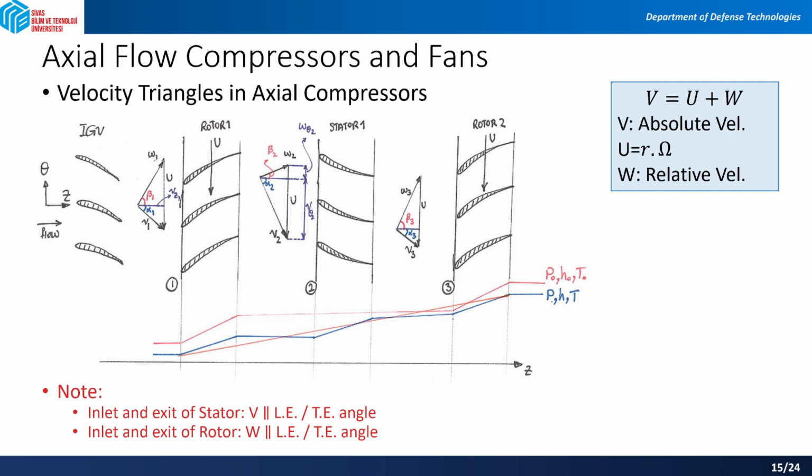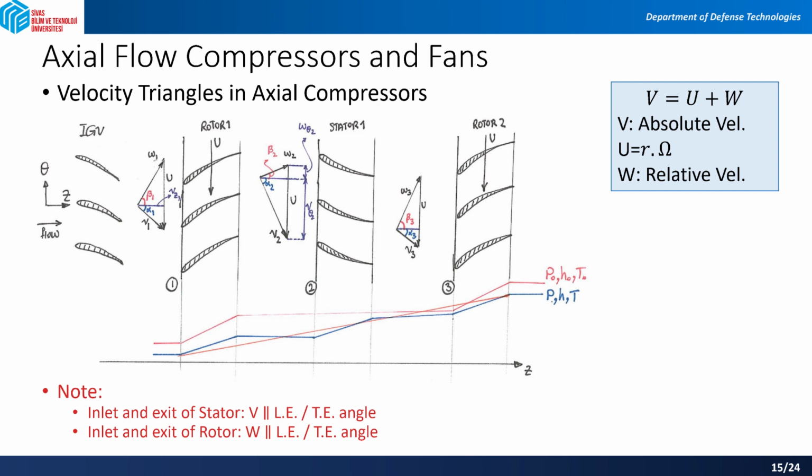So for the stators, as it is noted in here, at the inlet and exit of a stator, your absolute velocity is parallel to the leading edge or trailing edge angle. And at the inlet and exit of your rotor, your relative velocity is parallel to the leading edge and trailing edge angle.